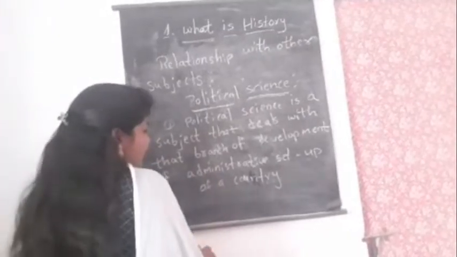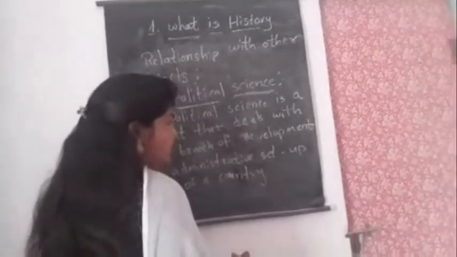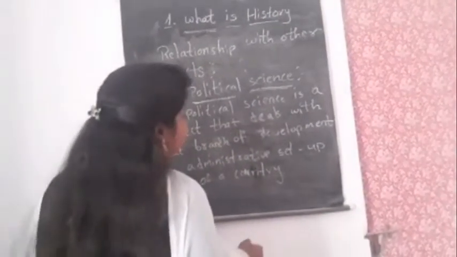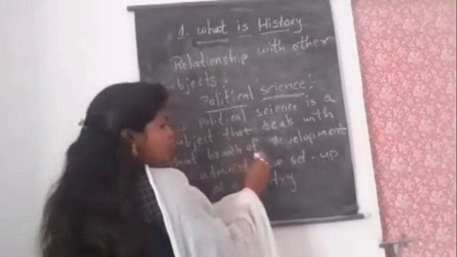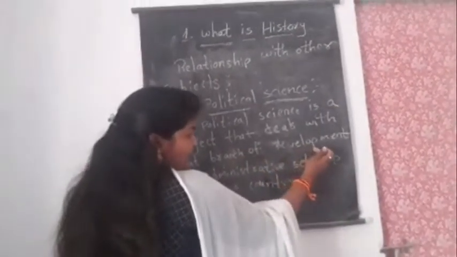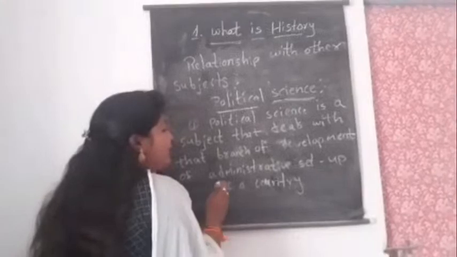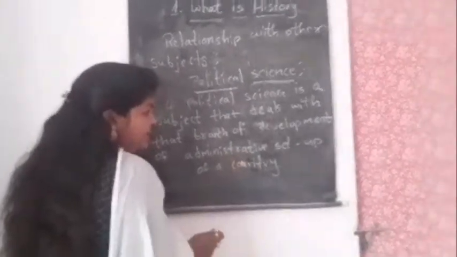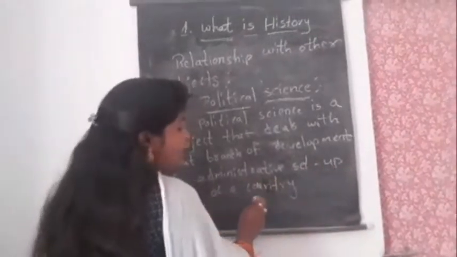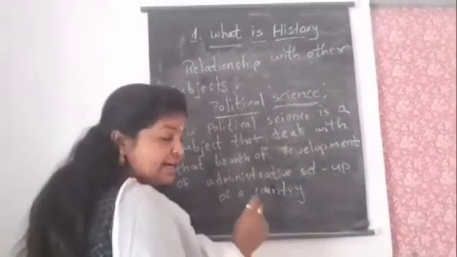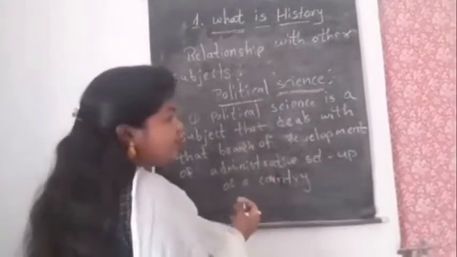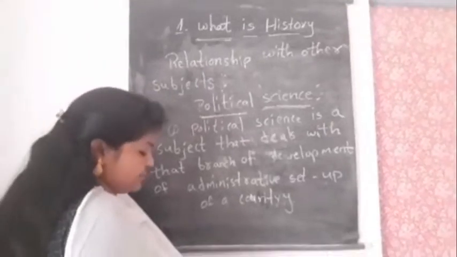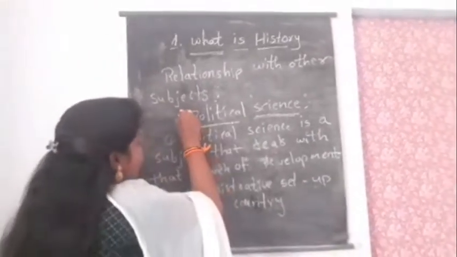Okay, this is the very close relationship with history and political science. Political science is a subject that deals with that branch of development of the administrative set up of a country. Okay, write this point. Look at the chart and write neatly. It is a B point.